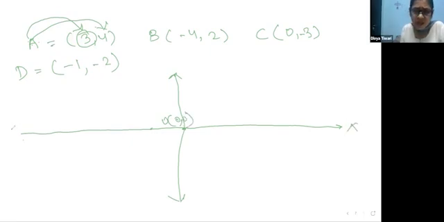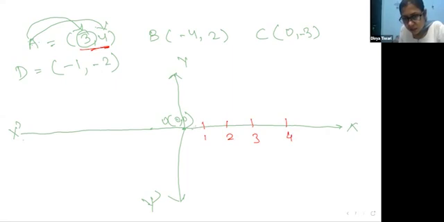These are the necessary things which you should always mention on your graph while representing any question. So as I told, both the values are positive, so this will be located in the first quadrant. This distance should also be uniform. The distance between each point, 0 to 1, 1 to 2, 2 to 3, and 3 to 4 should be uniform.